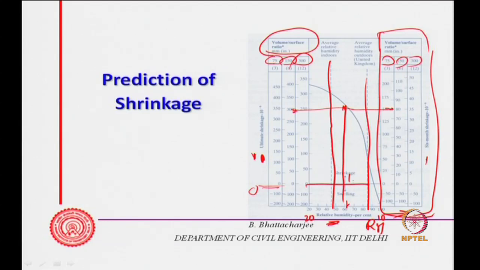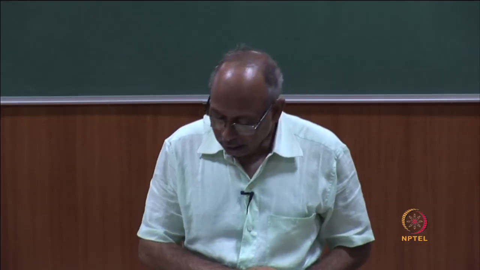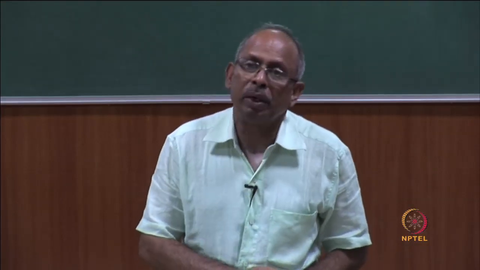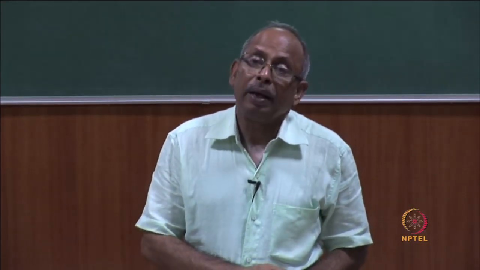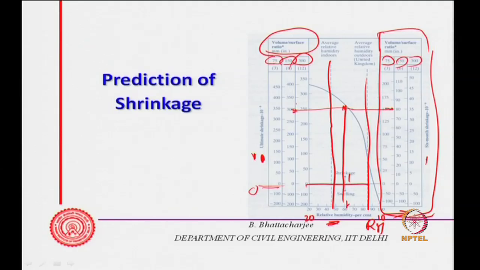So, for 60% relative humidity, if I have a volume to surface area ratio close to 150, I will have 300 microstrains after 30 years, while I will have about 80 microstrains after 6 months. Now, anything in between, you can find, for example, this scale is graduated.